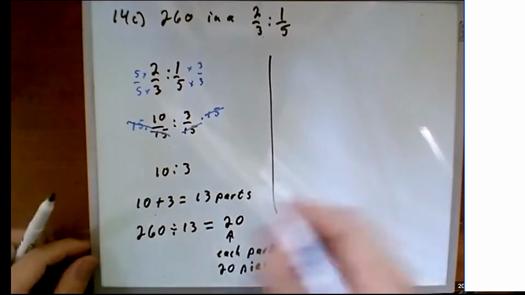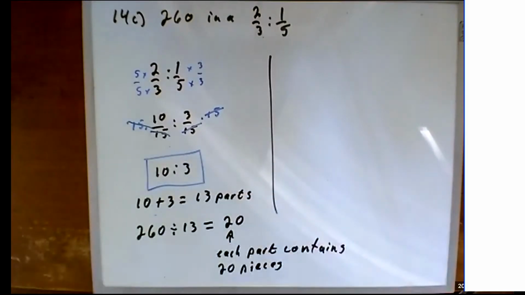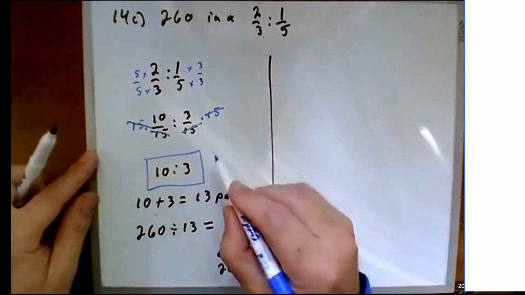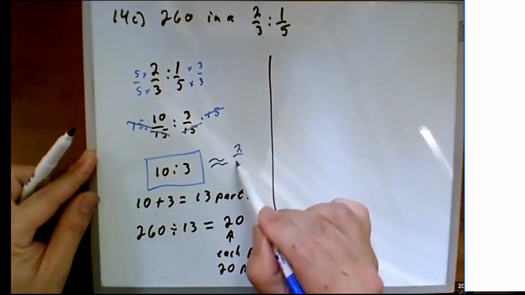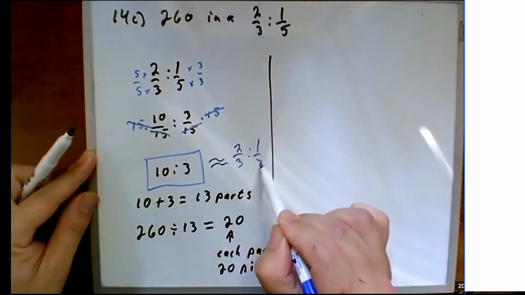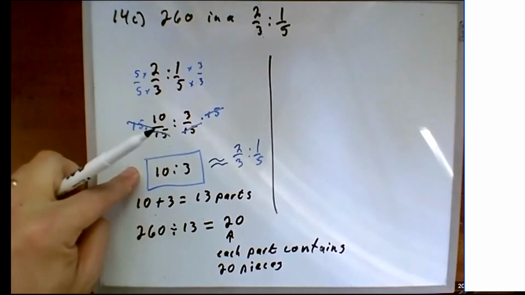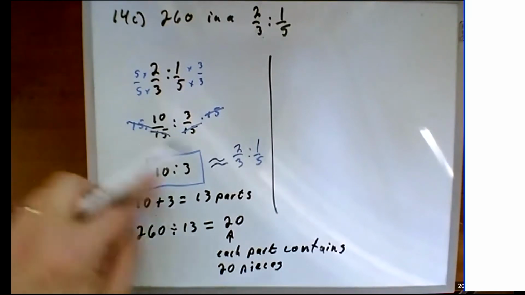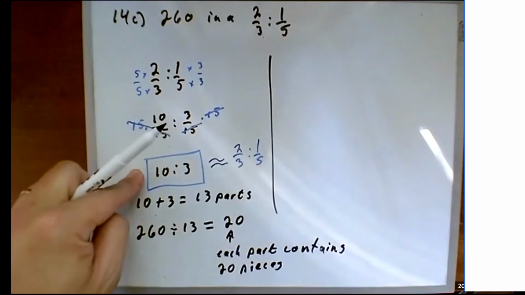So where we end up going back to is this, because this is ultimately equivalent to this. This is the one we end up wanting to use because it's much simpler numbers. It's equivalent to this ratio, so we can just go ahead and use this.